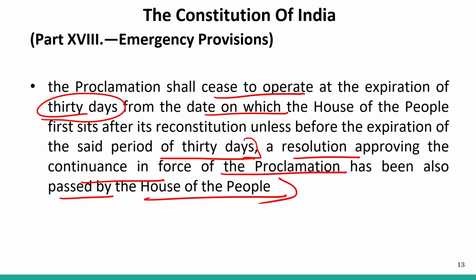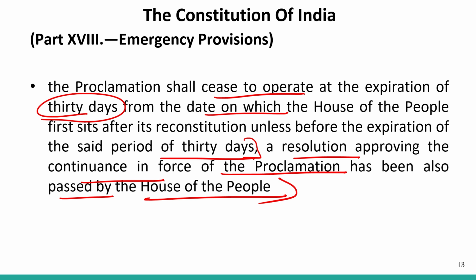Before that, if the House of the People reconstitutes after the initial period of 1 month, and the Lok Sabha comes back, and at that point Lok Sabha and Rajya Sabha both approve it, then from the date of the issuance of the proclamation it will continue for a period of 6 months, and after that it will cease to operate.